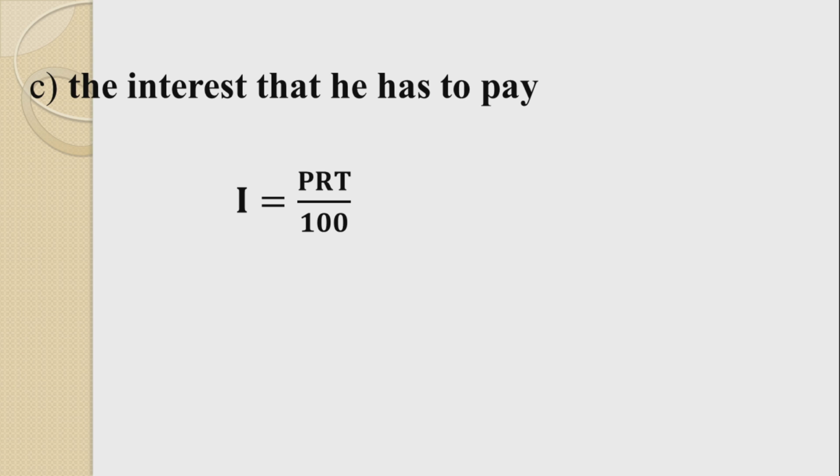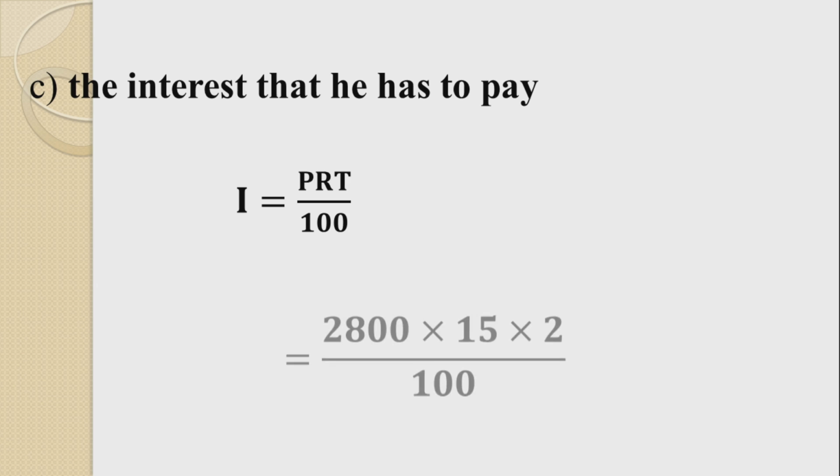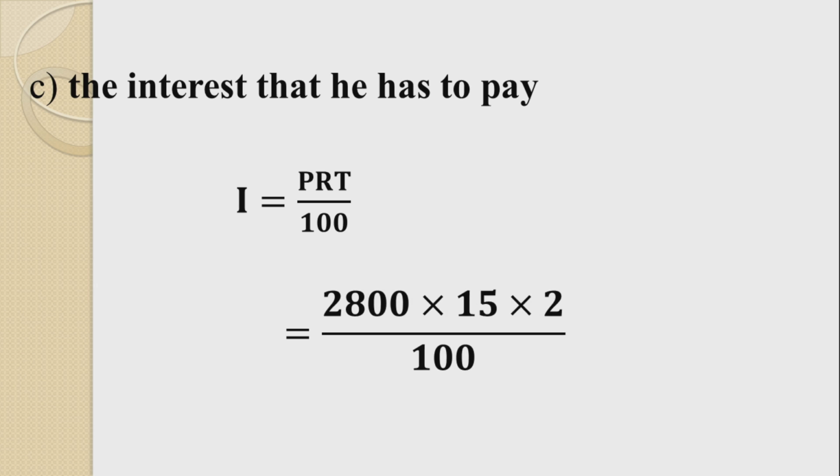That is principal multiplied by the rate, multiplied by the time, divided by 100, which is 2,800 multiplied by 15 multiplied by 2 divided by 100, which gives 840 rupees. Therefore, the interest that he has to pay is 840 rupees.